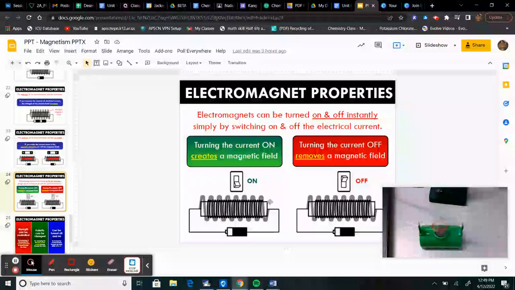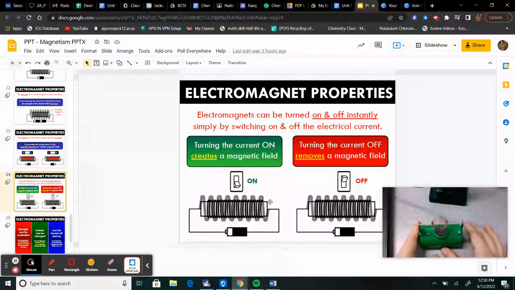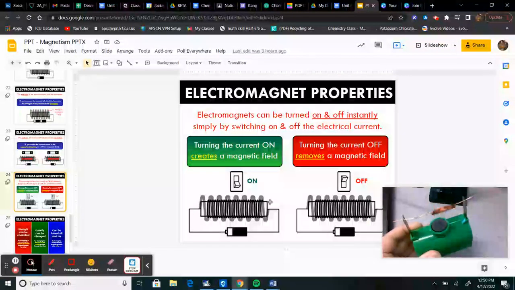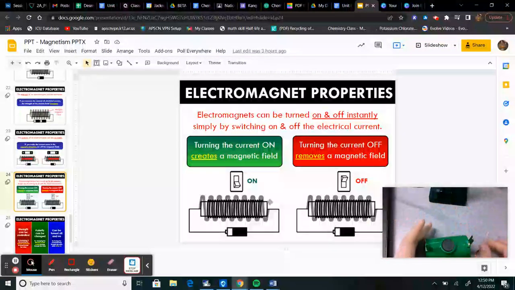And last but not least, you can actually turn an electromagnet's magnetic field on and off. So if I was wanting to turn my magnetic field off, I would simply remove the battery, which is the same as flipping a switch. It would just be flipped off. If I want to turn my magnetic field on, I can put the battery back in.